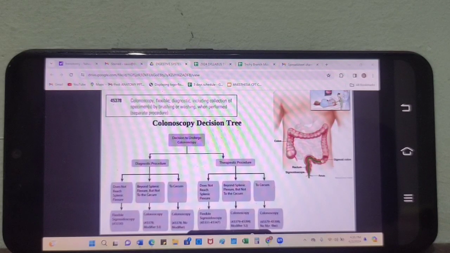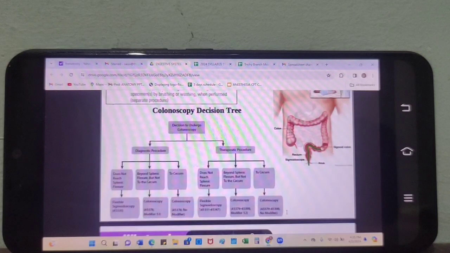So here we have one change. For diagnostic, we should append modifier 53. For therapeutic, we should append modifier 52. Whatever it is, the termination point is the cecum.